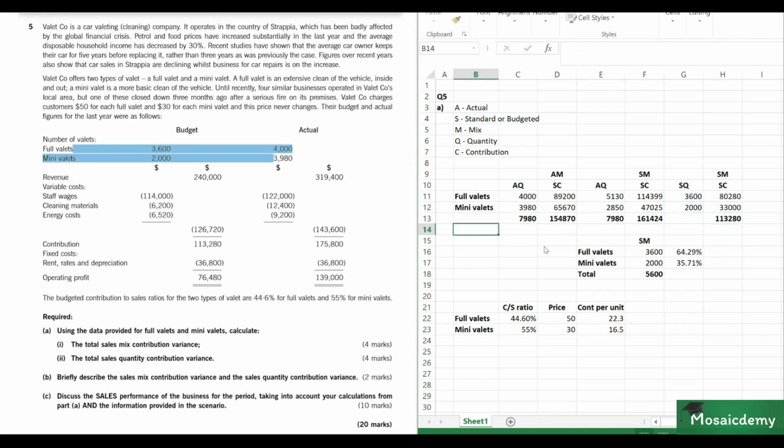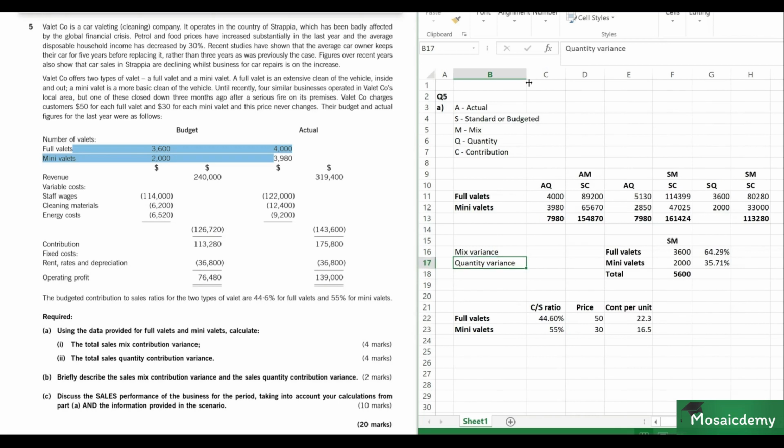And we can now find the sales mix variance and the sales quantity variance. Okay, let's stretch this out a bit. So the mix variance will be the first total minus the second, right?